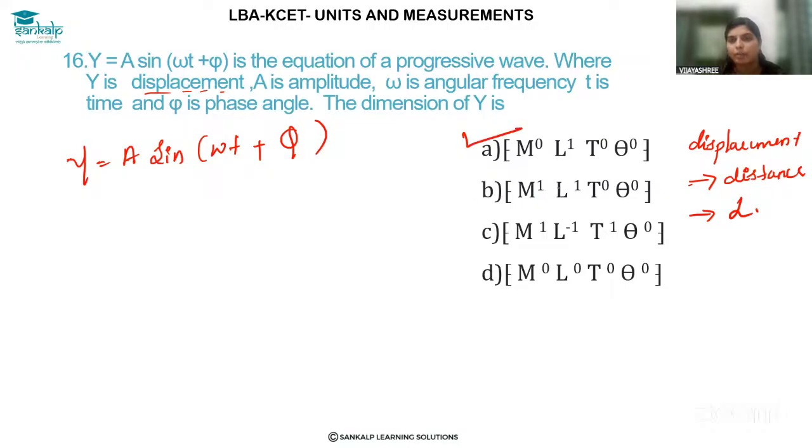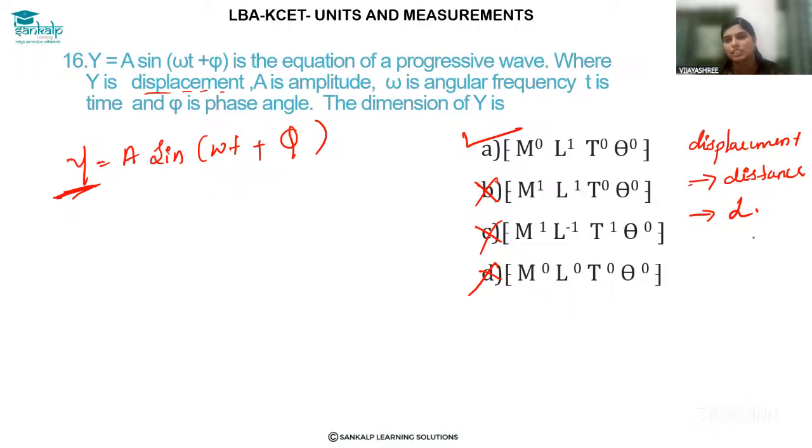Option B ನೋಡೋಣ, M raised to 1, L raised to 1, T raised to 0, theta raised to 0. So this is wrong. Option C, M raised to 1, L raised to minus 1, T raised to 1, theta raised to 0. This is wrong. Option D, M raised to 0, L raised to 0, T raised to 0, theta raised to 0. This is also wrong. So option A is the correct answer, because in the question itself y is given as displacement.